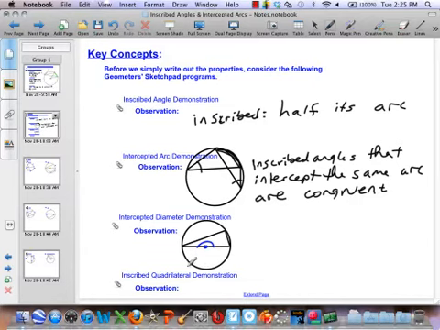So what's the measure of this arc? 180, right? But according to this, the inscribed angle is half the arc. That's half of 180. So if your inscribed angle intercepts the diameter, it makes a 90-degree angle. Whoa. And what's kind of neat about that is no matter how close that point gets to the diameter, it stays 90 degrees. Can you put that in words? Yes, if the inscribed angle intercepts the diameter, it's a 90-degree angle.